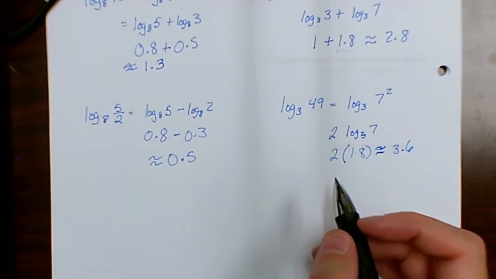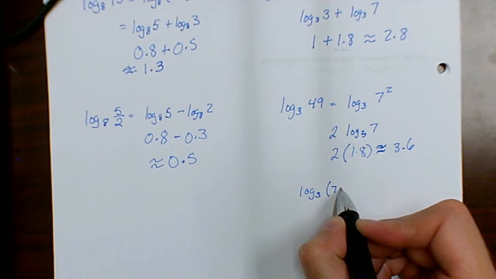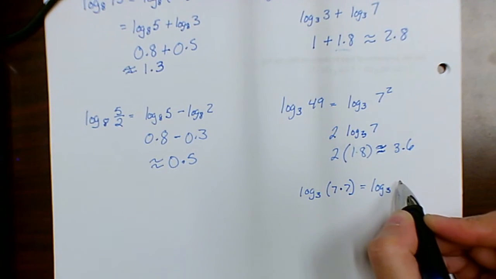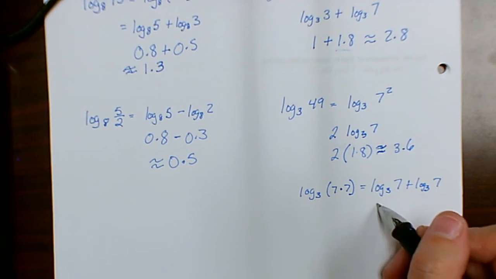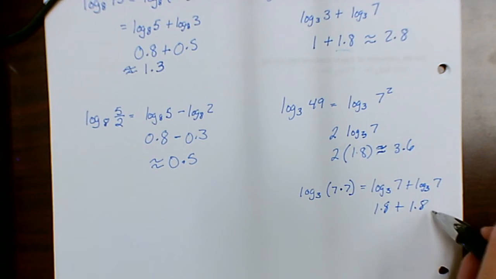The other way you could have done this is log base 3 of 49, that's 7 times 7. Well, that's log base 3 of 7 plus log base 3 of 7. So that's 1.8 plus 1.8, or 2 times 1.8, which would be approximately 3.6.